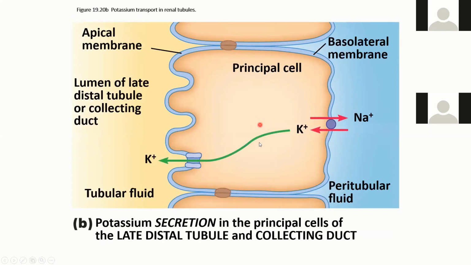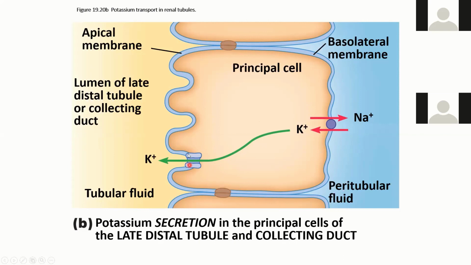But in the late distal tubule and in the collecting duct, because we have these channels in the apical membrane, we have that same situation if we're looking at the potassium concentration. So low potassium concentration in the paratubular fluid, high potassium concentration in the epithelial cell.